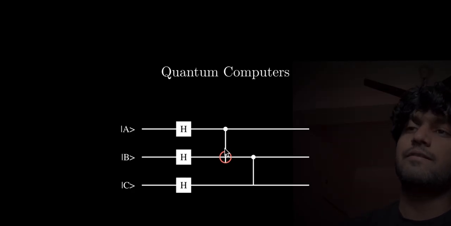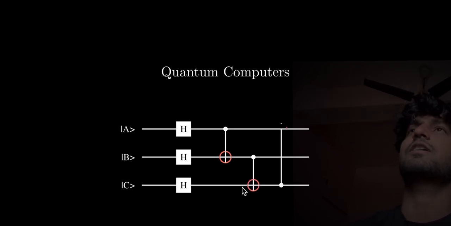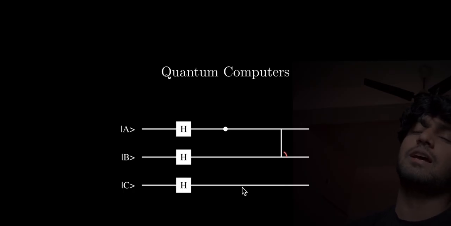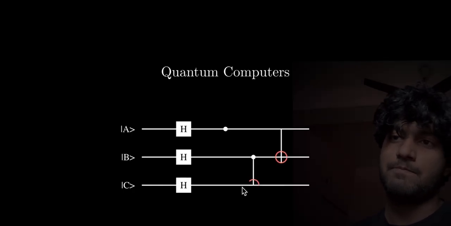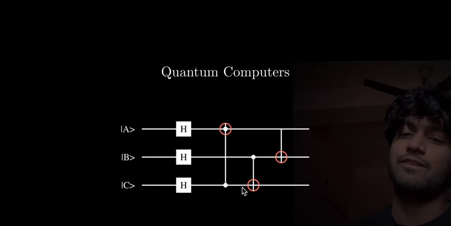And one more benefit is superposition, right? How superposition works is, let's say in a classical computer, I have to pass 8 different inputs.